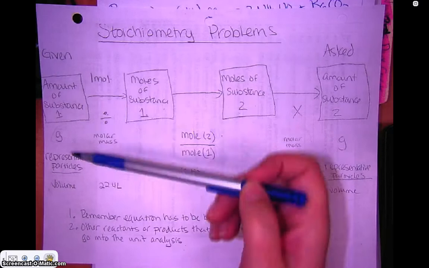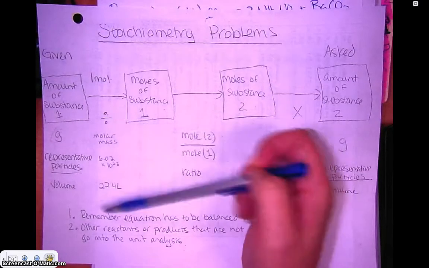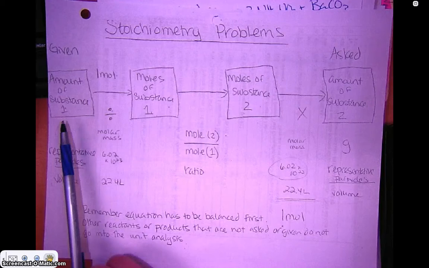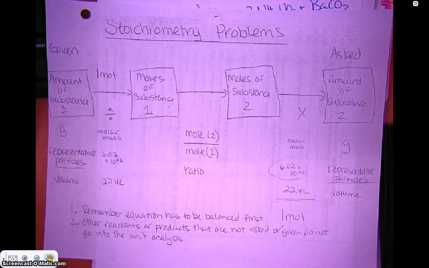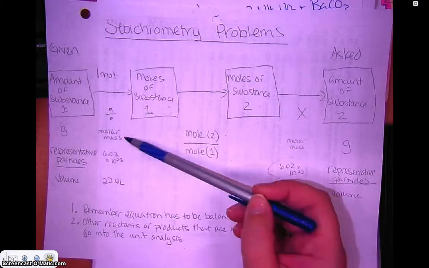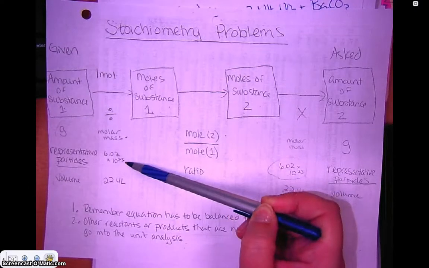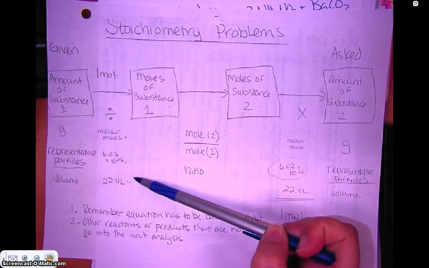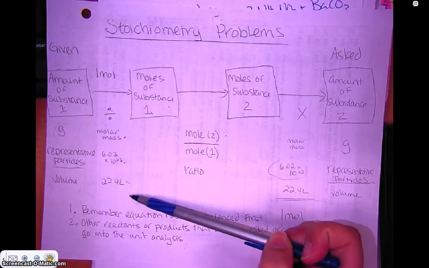So using this conversion factor, we can go between moles of a substance and another amount. Remember, to go from grams to moles, we use the periodic table. For representative particles, we use Avogadro's number, and for gas volumes at STP, we use 22.4 liters.